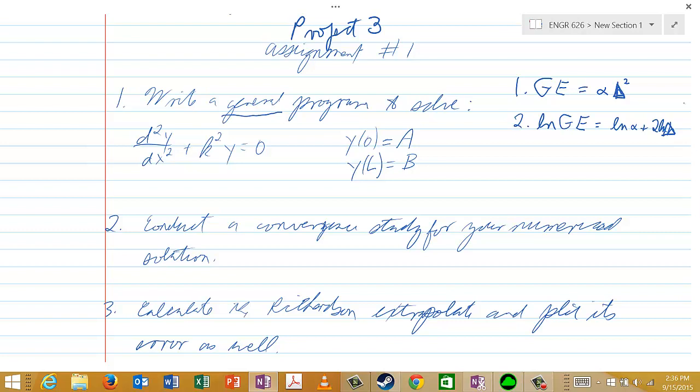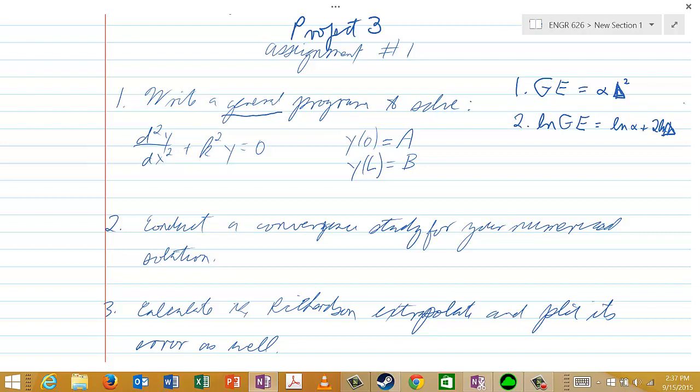The delta will be the spacing between consecutive nodes, and it will be something that we can vary, and H we will think of as being our initial value of delta.